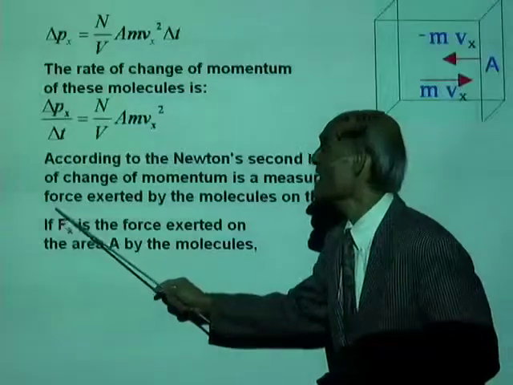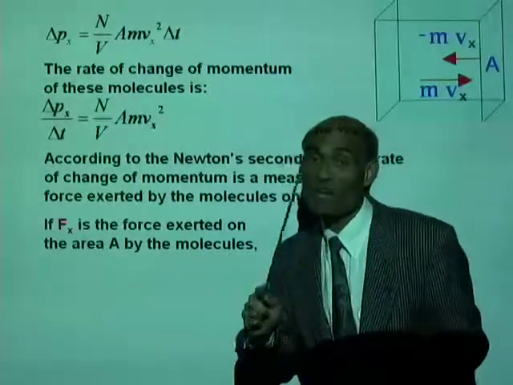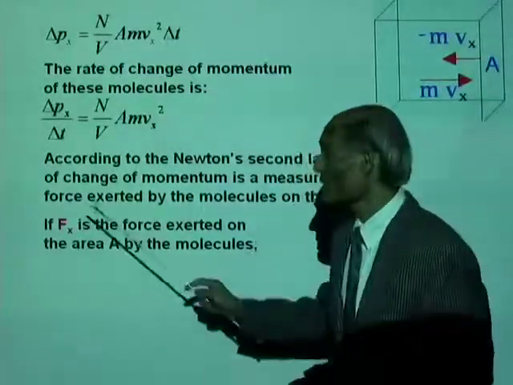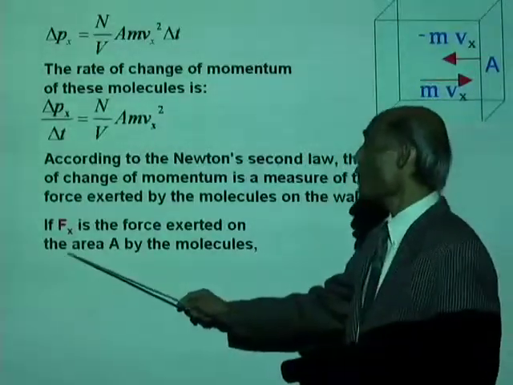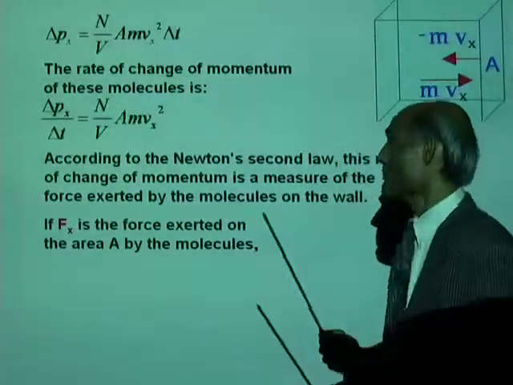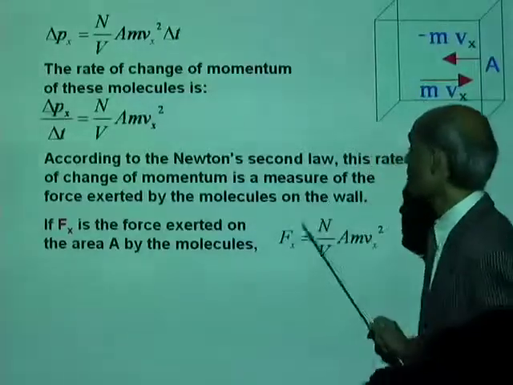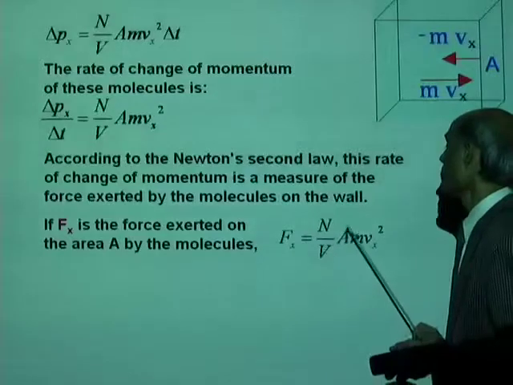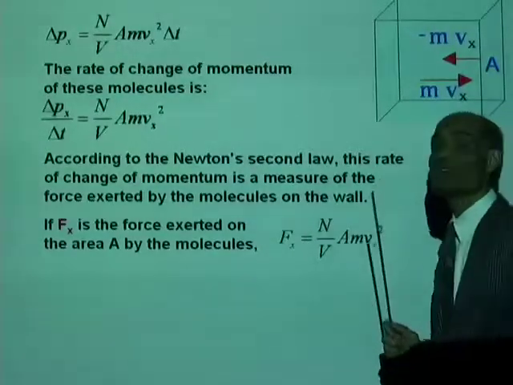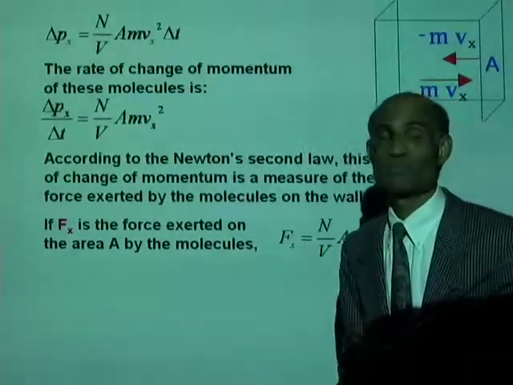Therefore, we can say, if Fx, we are now considering only the x direction, if F sub x is the force exerted on the area A by these molecules, we can say F sub x equals n over V A m Vx squared.